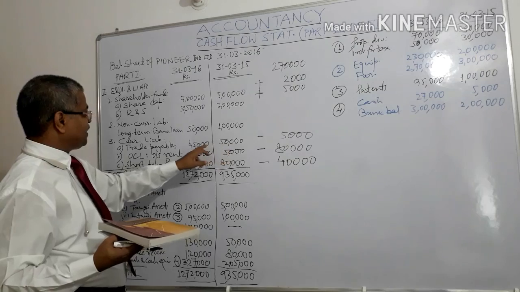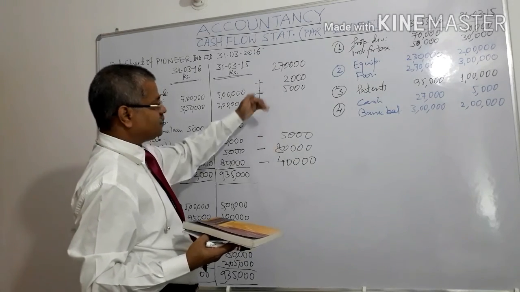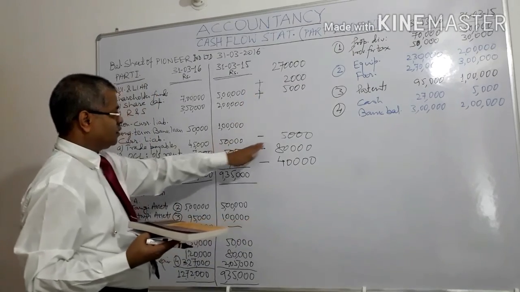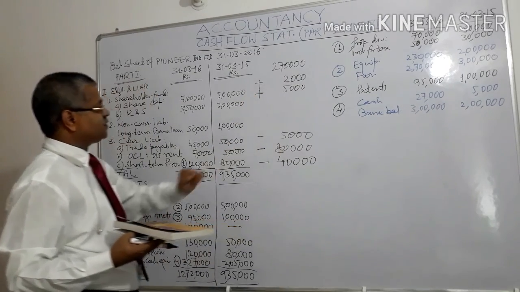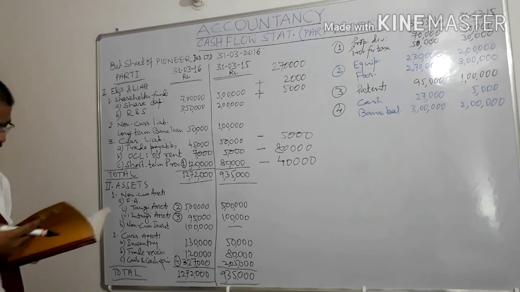And trade payables declined by 5,000 rupees, payables have declined, means it has been deducted from the cash flow, right?